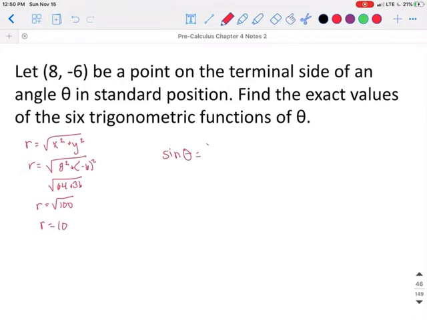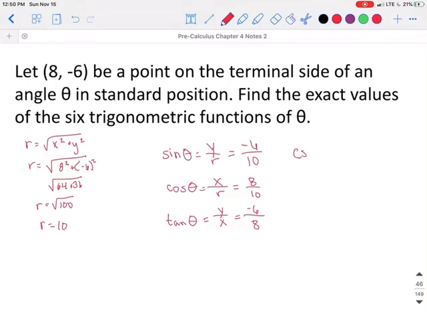Now we know sine of theta is y over r, or in this case, -6 over 10. Cosine of theta is x over r, or 8 over 10. And tangent is y over x, or -6 over 8.